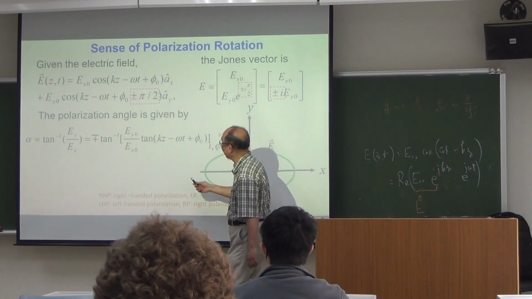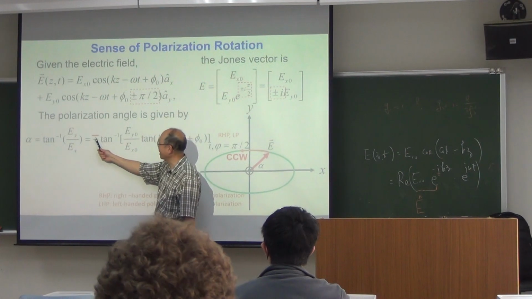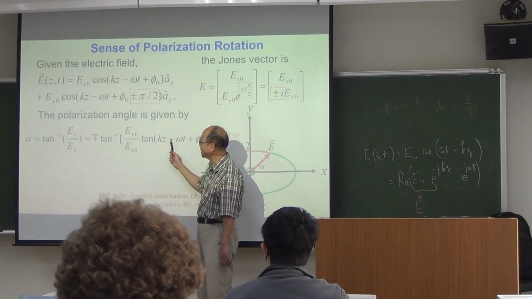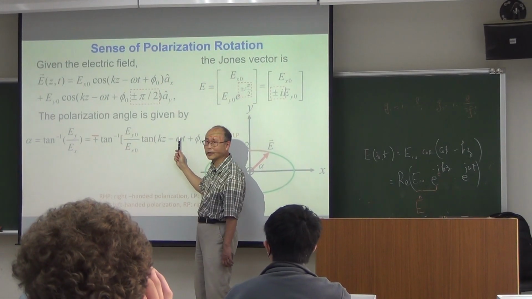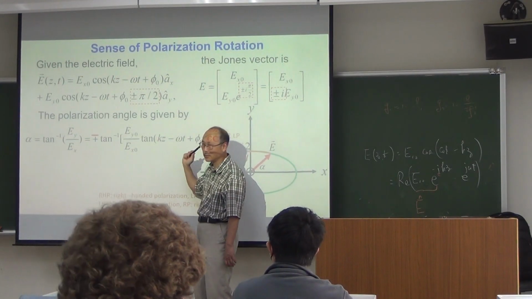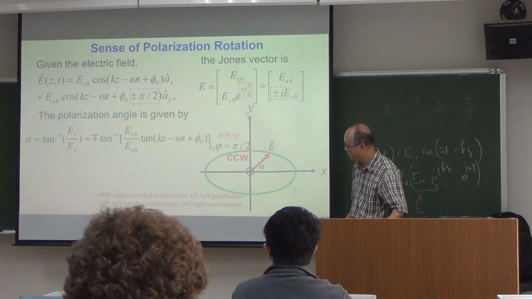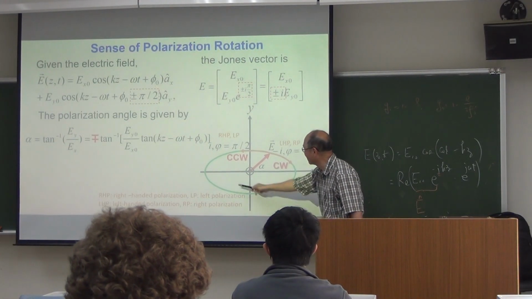Now, if I adopt a solution that goes with this plus sign, this is negative. So over time, the angle is going to be reduced, and you get a rotation like this. That is the clockwise rotation.